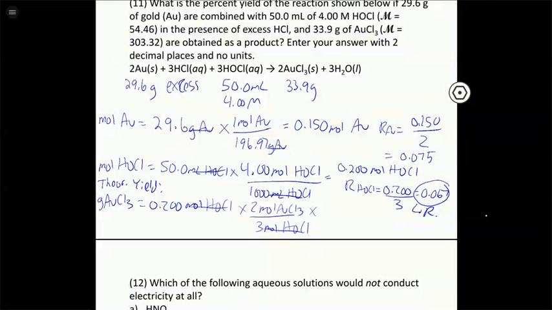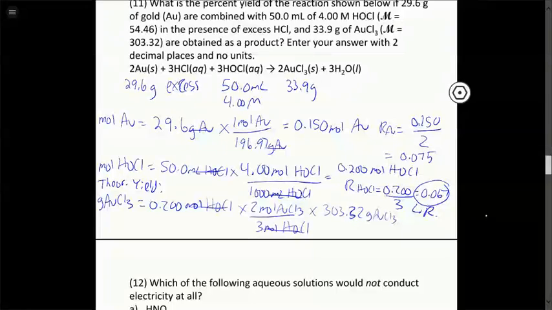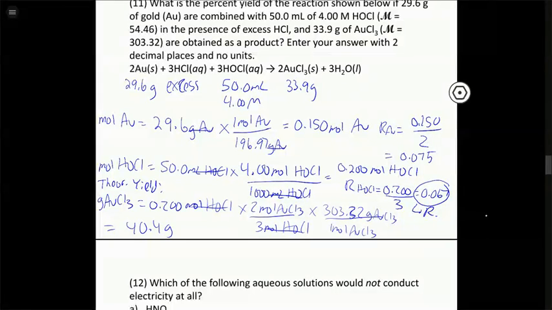The molar mass of gold chloride is given to us as 303.32, so we multiply that to get back into grams. Coming down here, that's going to be 40.4 grams. Alright, so that's our theoretical yield, the maximum amount of gold chloride that can form.